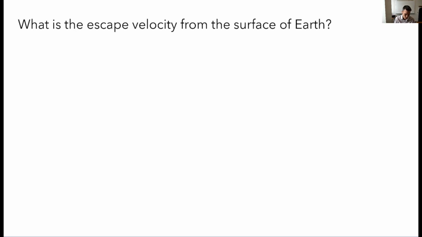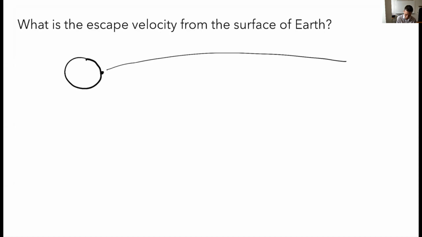Okay, so if you tried that, remember again, I'm going to use an energy approach. So here I am on the Earth, shooting the projectile way far away. I'm at infinity here. It's going to start with some kinetic energy and some potential energy. Let's call this point 1 and this point 2.